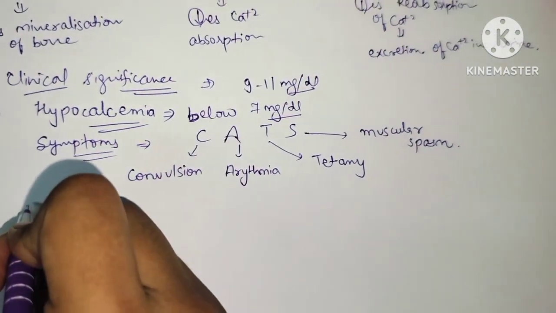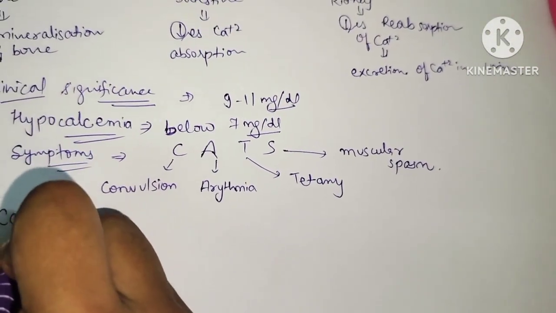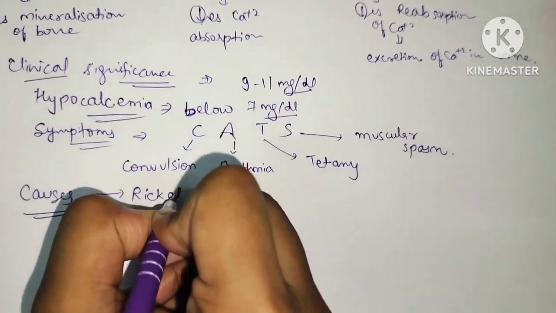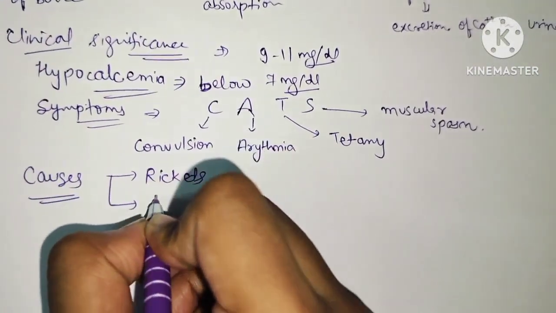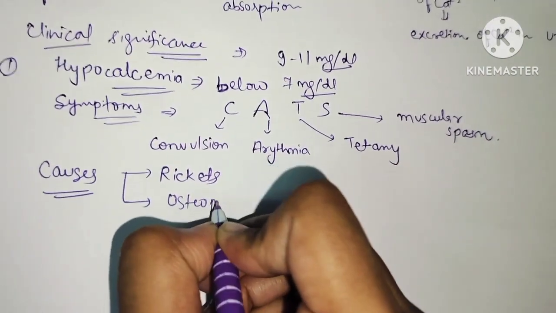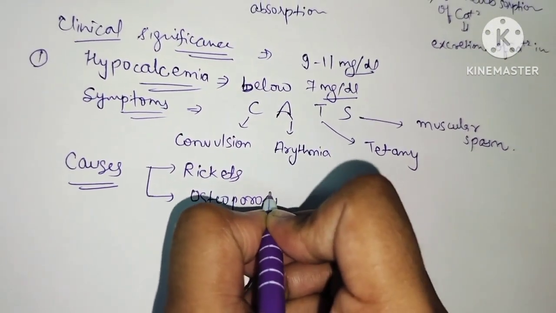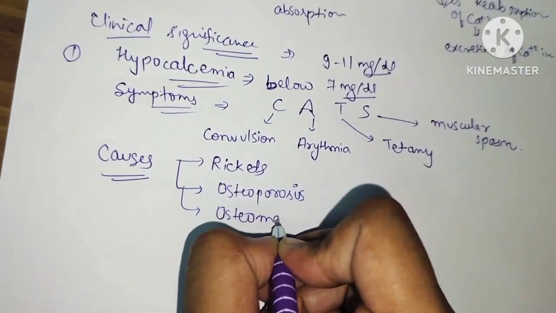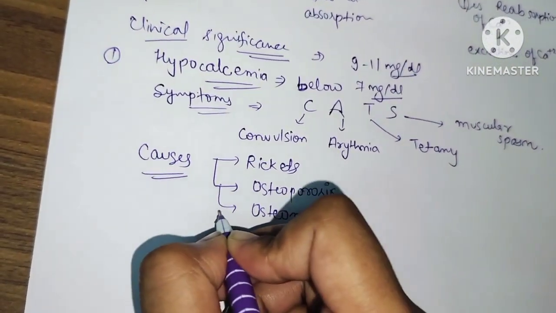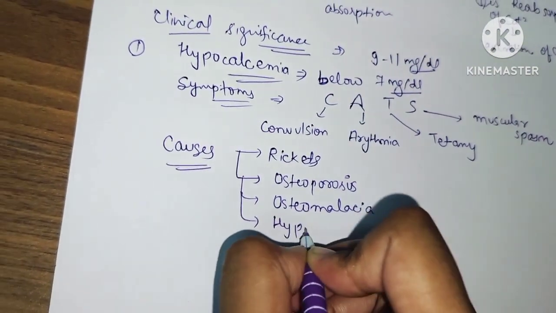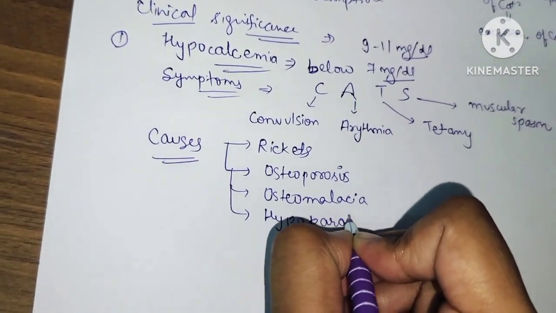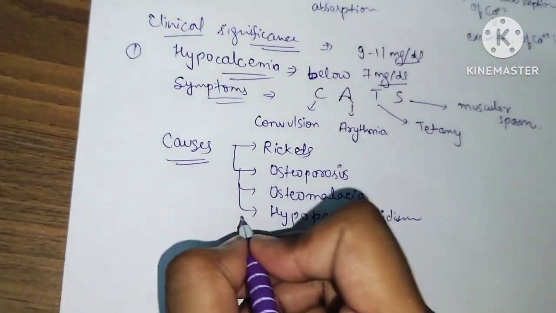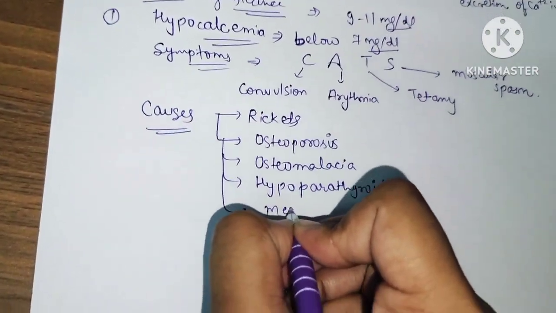Now, what are the causes of hypocalcemia? Rickets, osteoporosis, osteomalacia, hypoparathyroidism, and medullary carcinoma of thyroid.